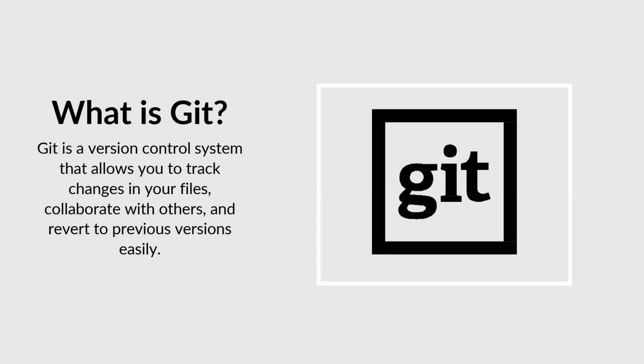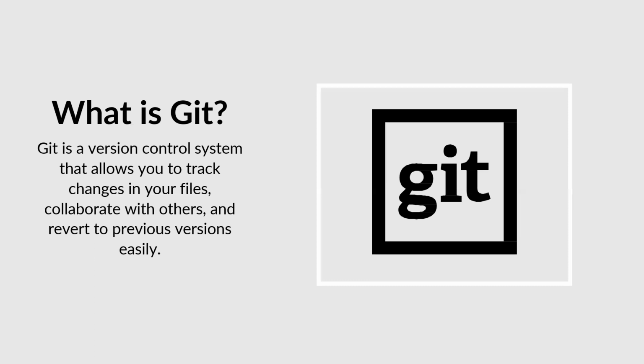So you can compare the changes, you can undo the changes, and you get much more flexibility, even a lot more options. So in short, Git is a version control system that is going to allow you to track changes in your files, help you collaborate with others, and also help you revert to previous versions very easily.